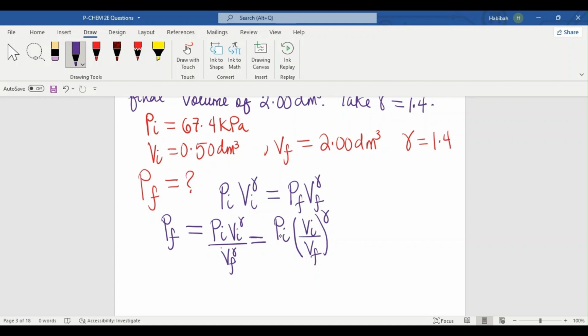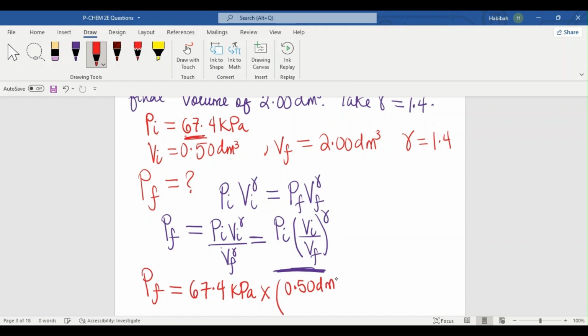So when you have this information right here, you can now substitute what you have. P final equals the P initial here, 67.4 kilopascal, times V initial, which is 0.50 dm cubed, divided by V final, which is 2.00 dm cubed, and then raised to the power of gamma, which is 1.4.